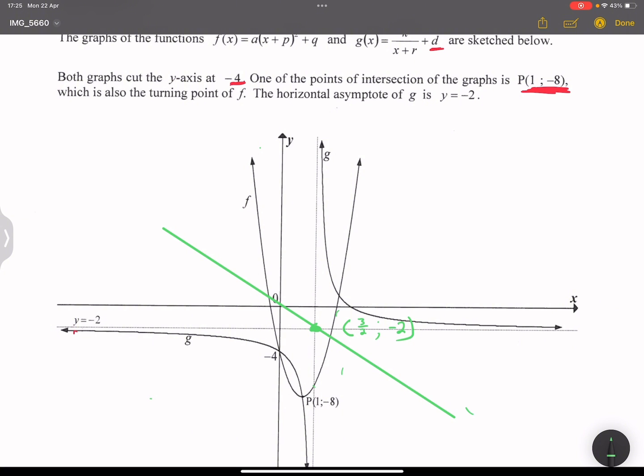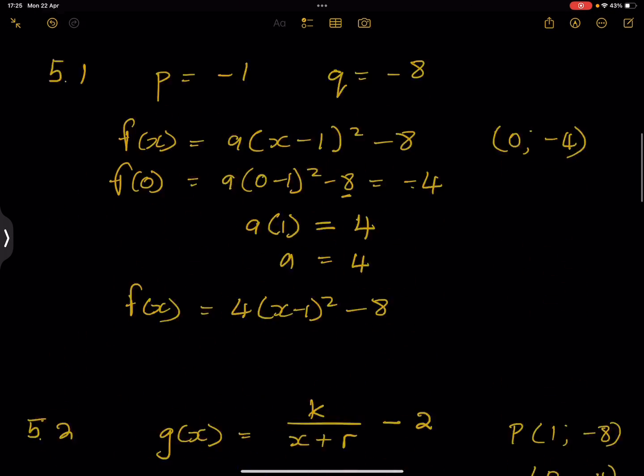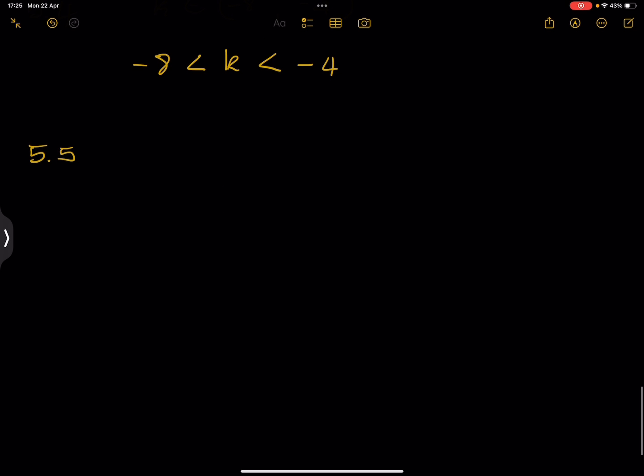So I know that it has the equation y is minus x, right? Plus, let's say, k1. And what is k1 in this case? We would get k1 by substituting that point of intersection of the asymptotes. So we're going to say the equation is y is minus x plus k1.